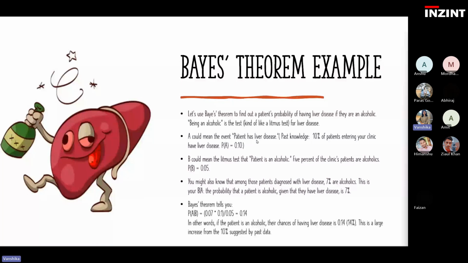I'll repeat myself. We are going to use Bayes theorem to understand the chances of a person having liver disease, knowing that the person is an alcoholic.